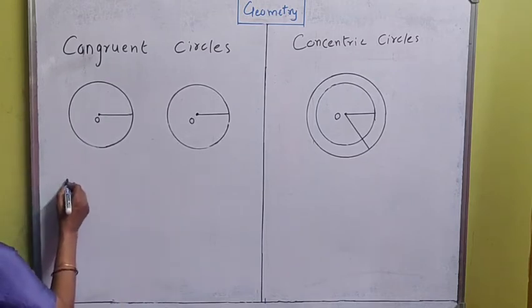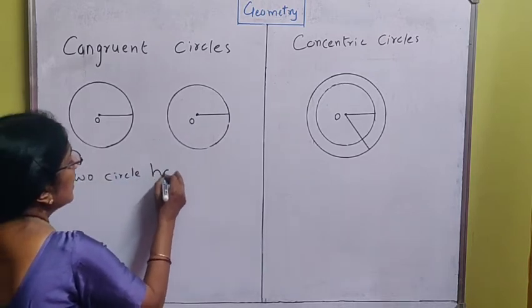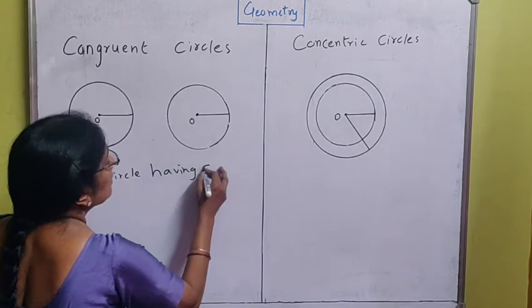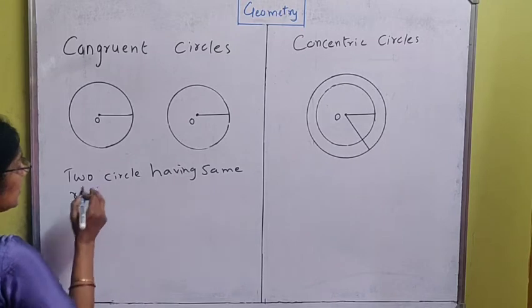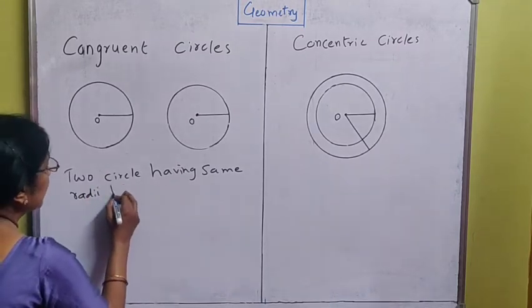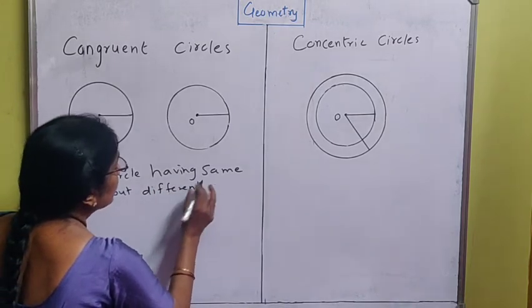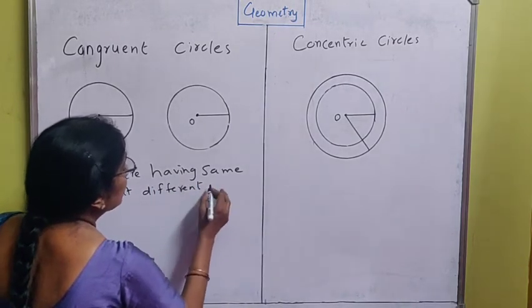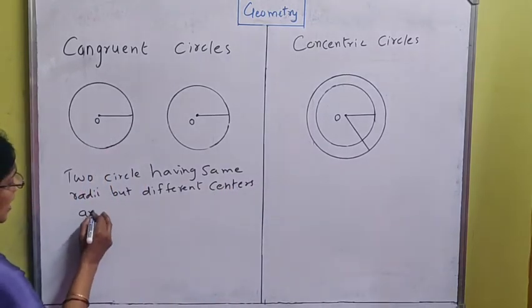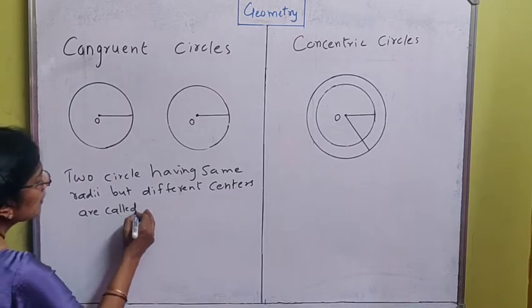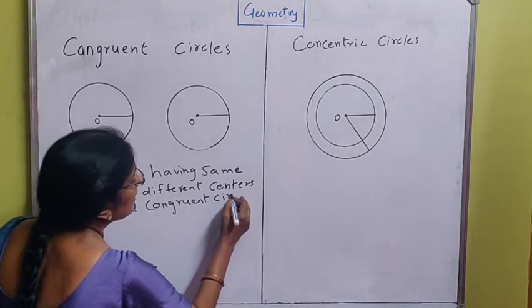So what are congruent circles? Two circles having same radii but different centers are called congruent circles.